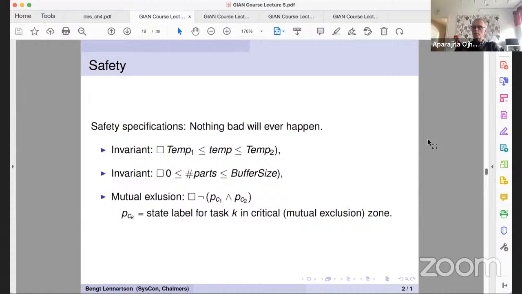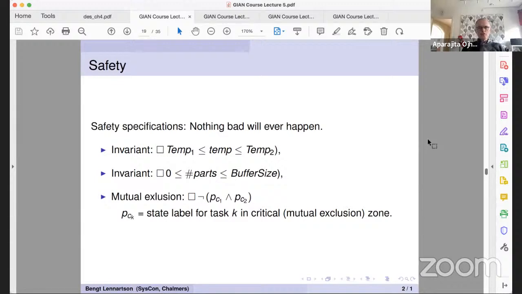Some people within model checking mean that more or less everything is about safety. It's not much that isn't safety. Therefore, there are a number of tools specifically focused on safety specifications, which I think I have mentioned before. This IC3, for instance, in nuXmv is such a tool.